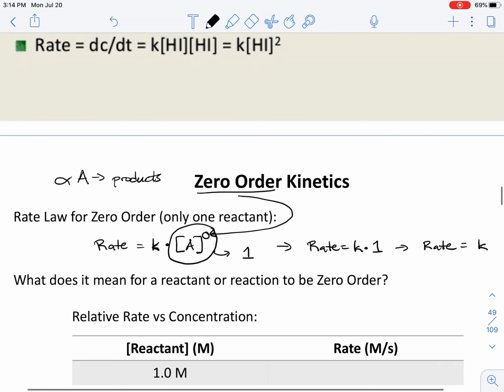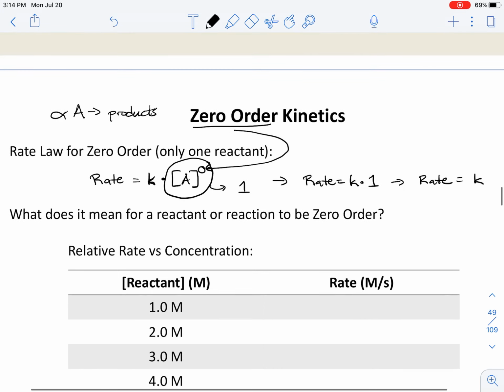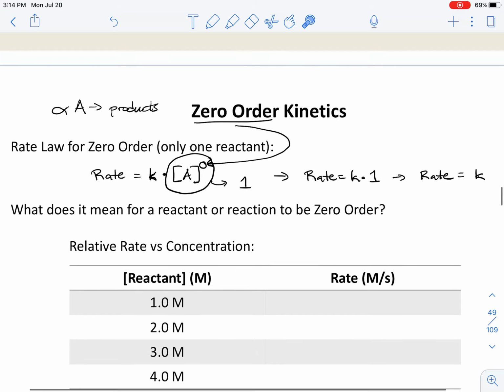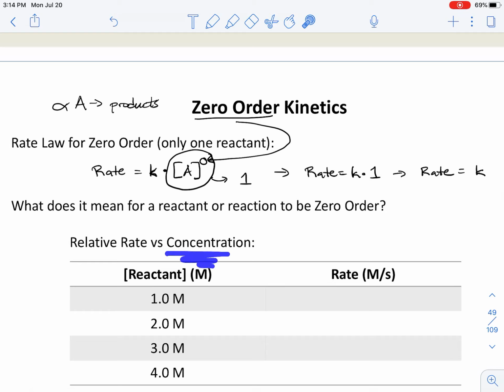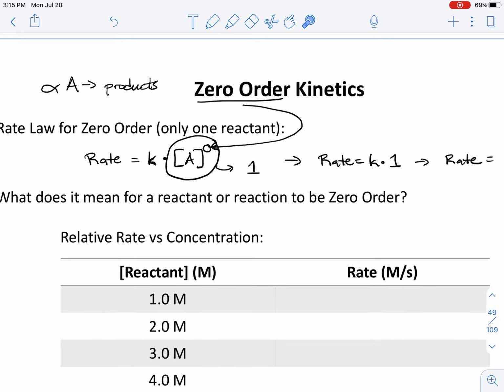So what does zero order kinetics mean? If you look at changes in concentration of reactant A against the relative rate of the reaction, we'll better understand what it means for a chemical reaction to be zero order.